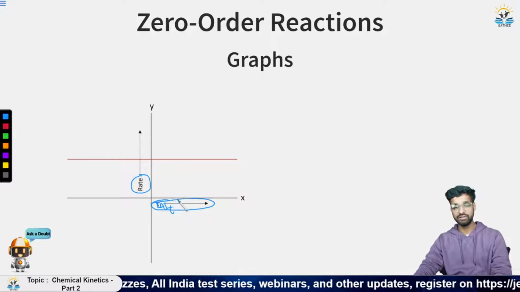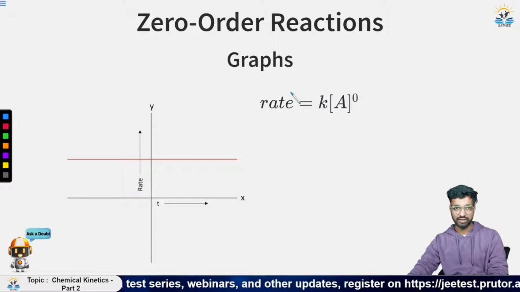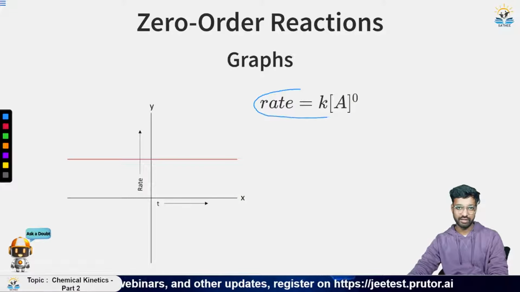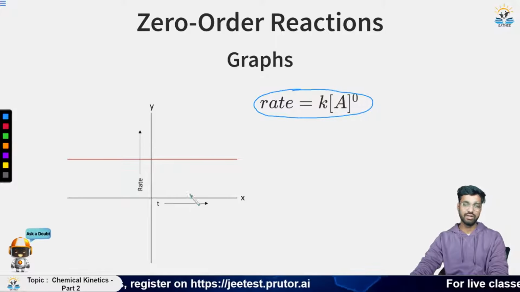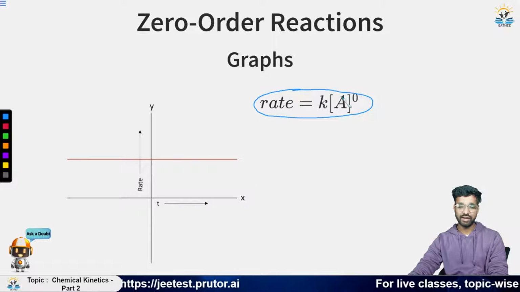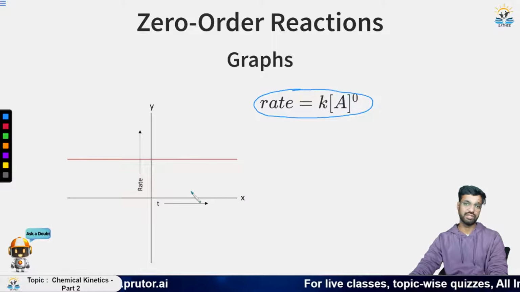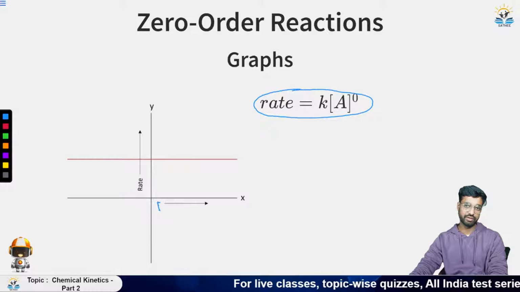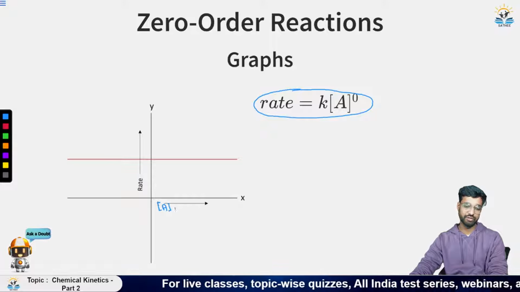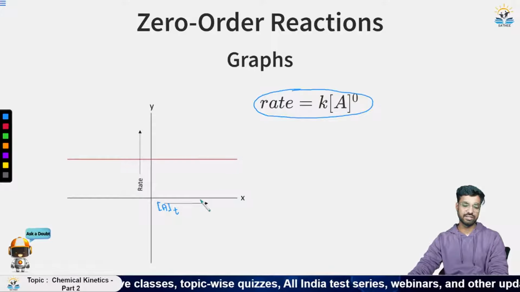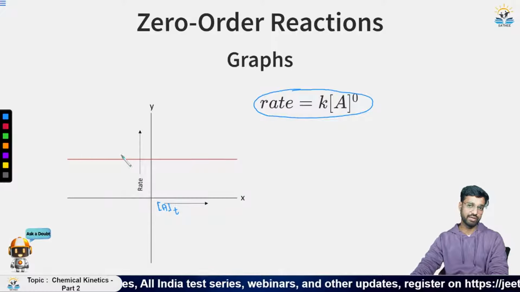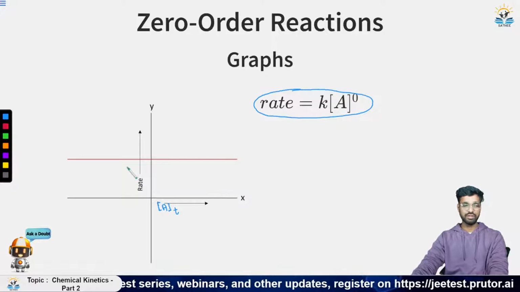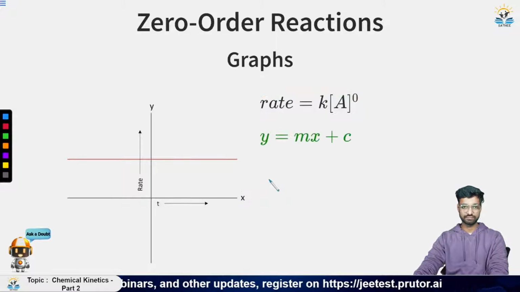You know very well that for a zero order reaction, the rate law is written as R equals k A naught. That A to the power 0 means it is not affected in any way by the concentration of A. So whether you change the concentration of A by any amount, it will not change the rate of reaction and it will remain constant. In this way you can explain this graph.